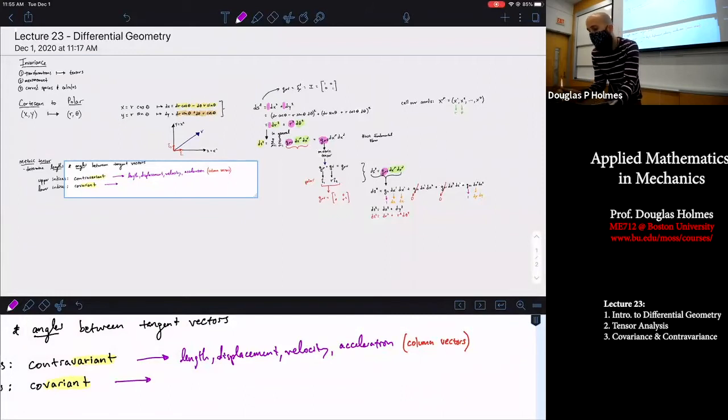These are trickier, and what you typically see here are more functions and operators. For instance, the most classic example of a covariant tensor is a differential operator, and it's the gradient.